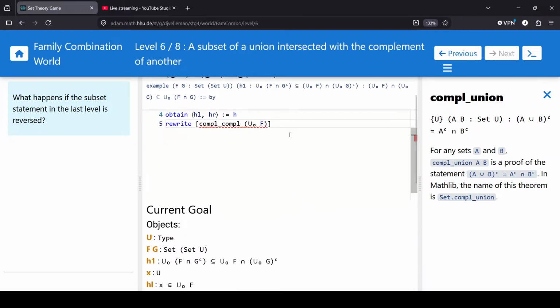F 0 F at H1. Why? Why are you being a hater? Oh, because I need to do it the other way. See, now that I have this, I can do a rewrite compl union at H1. I might need to swap this again. Oh my god, this looks ugly as hell.